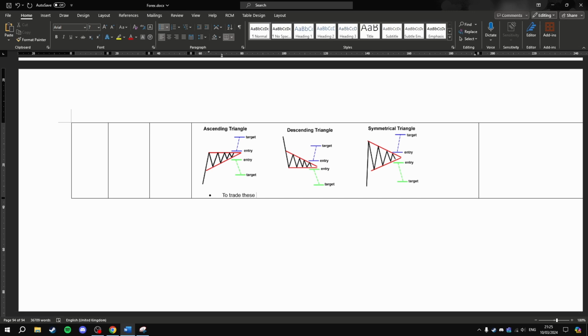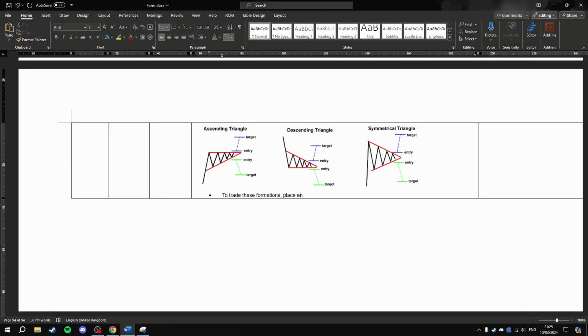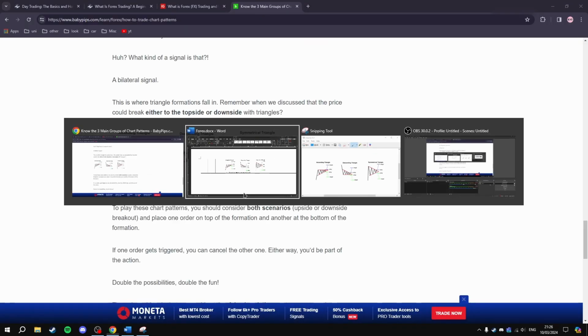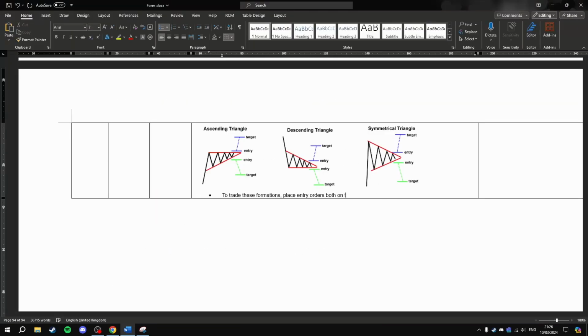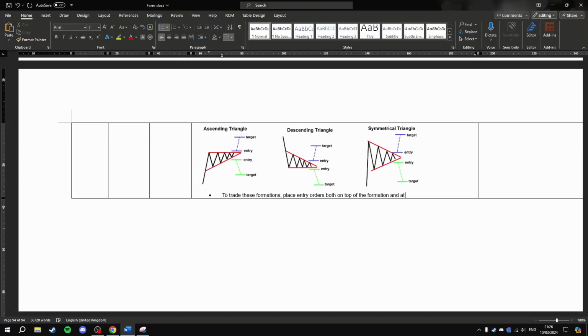Trade these formations. Place entry orders both on top of the formation and at the bottom of the formation.